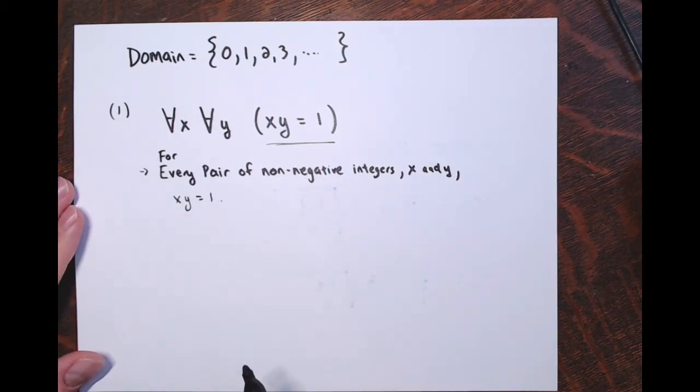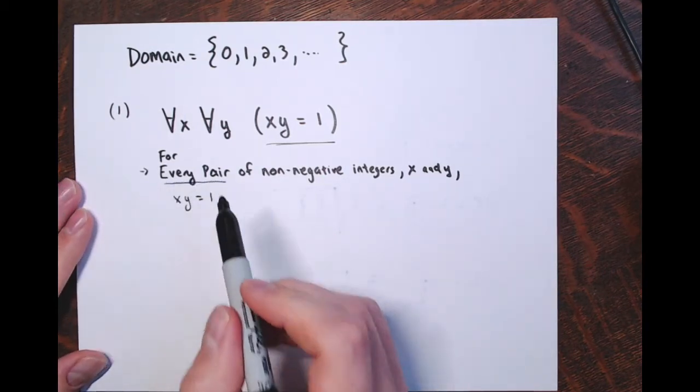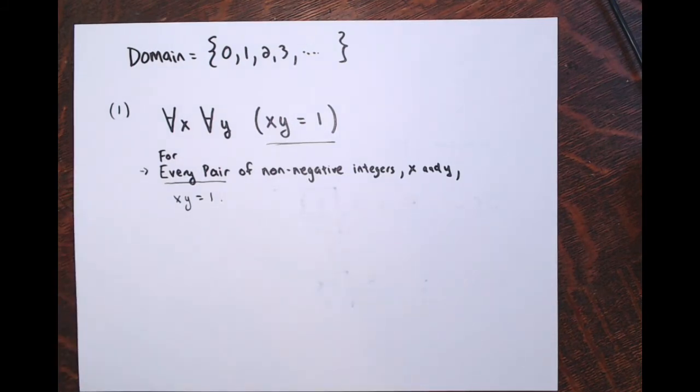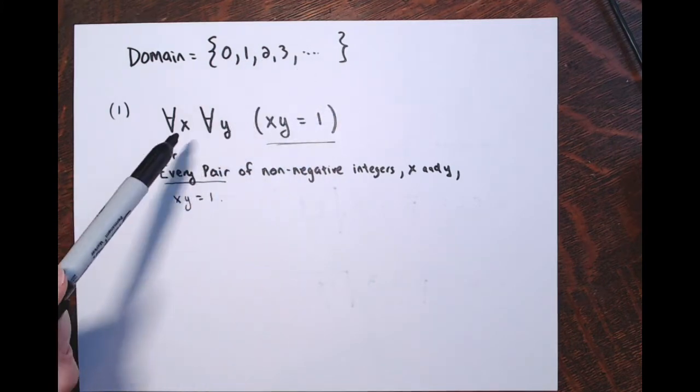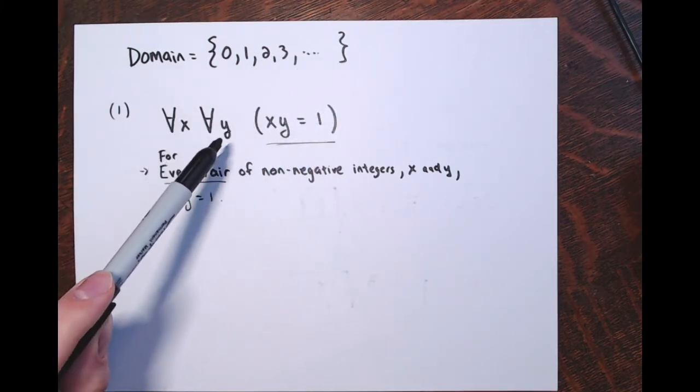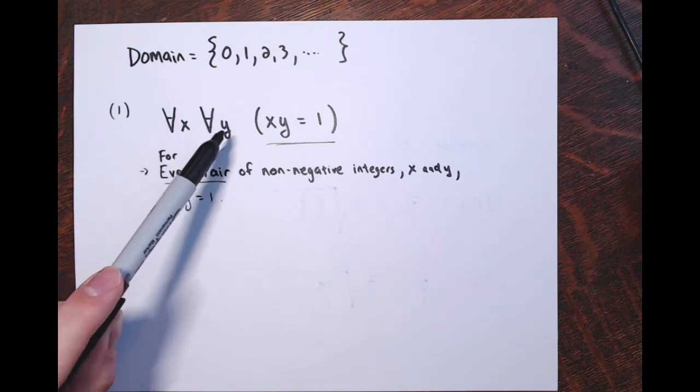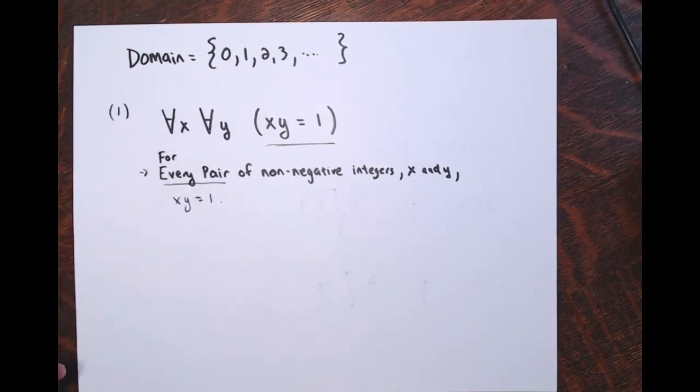Now when I say every pair, x and y can be the same number. This is representing every possible non-negative integer. This is also representing every possible non-negative integer. So they could both be the same or different.